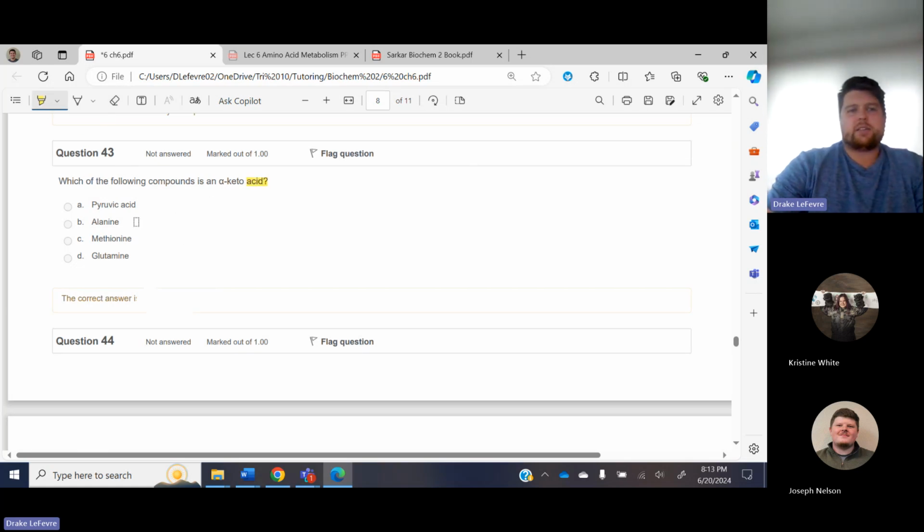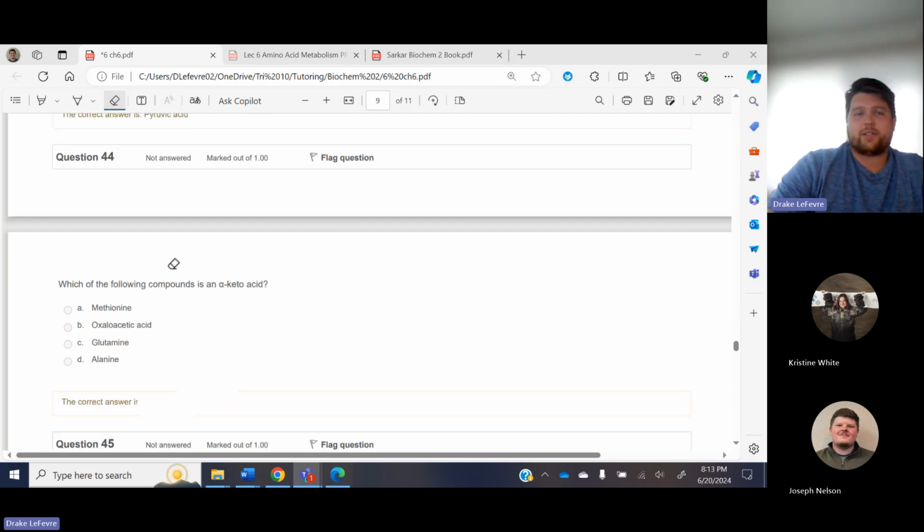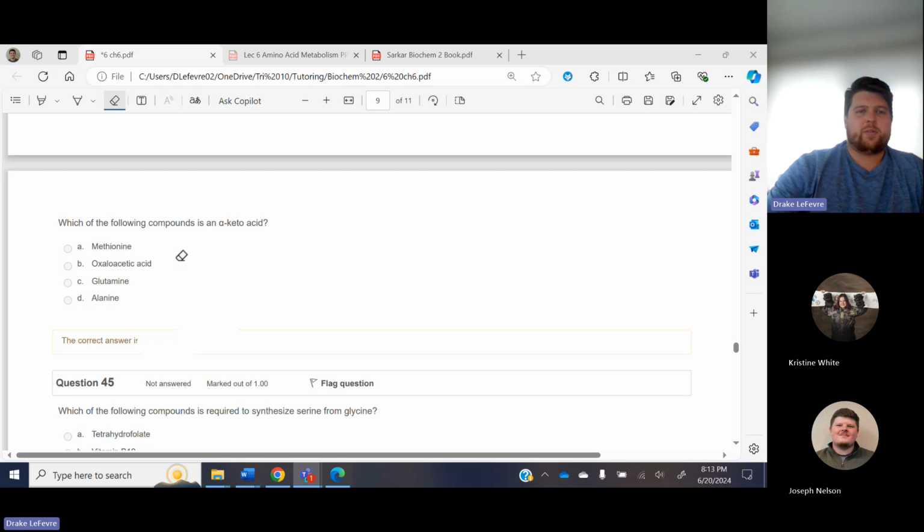Typically, if something's an acid and it's converted to something else, it'll have an -ate at the end. If not, it'll just have an -ic and then acid. Sometimes the most obvious answer is the right answer. Again, same thing. Not an acid, not an acid, not an acid. Oxaloacetic acid is the only one that's an acid.